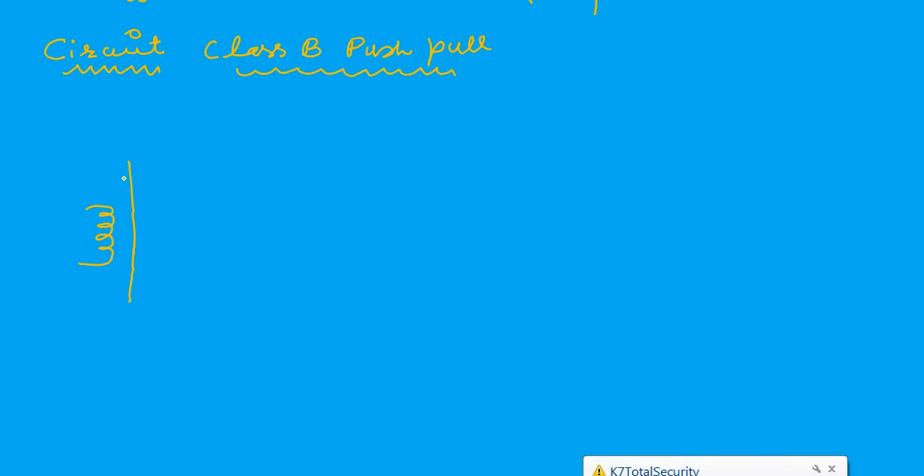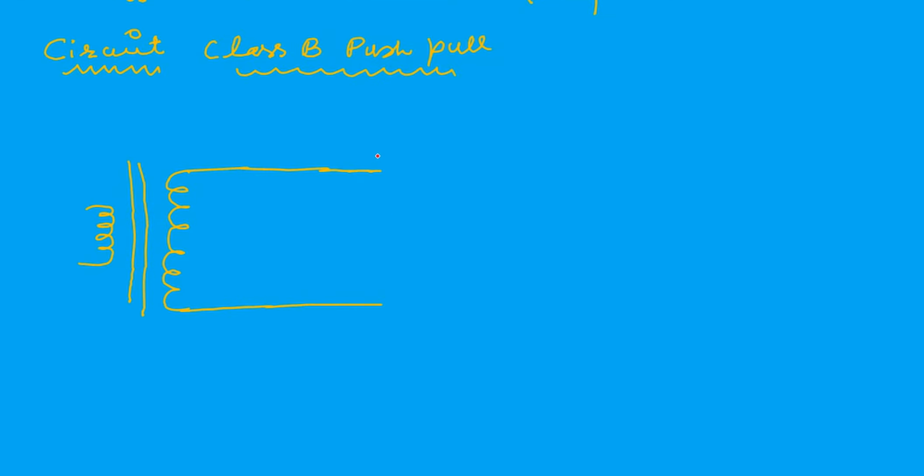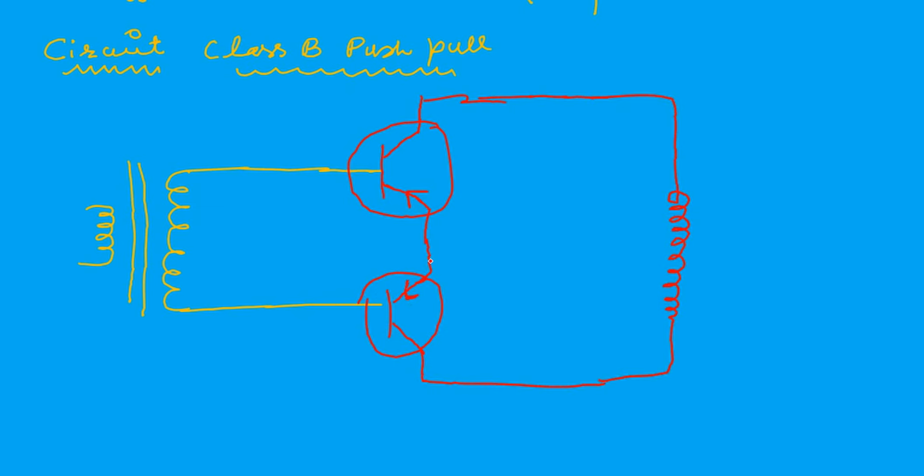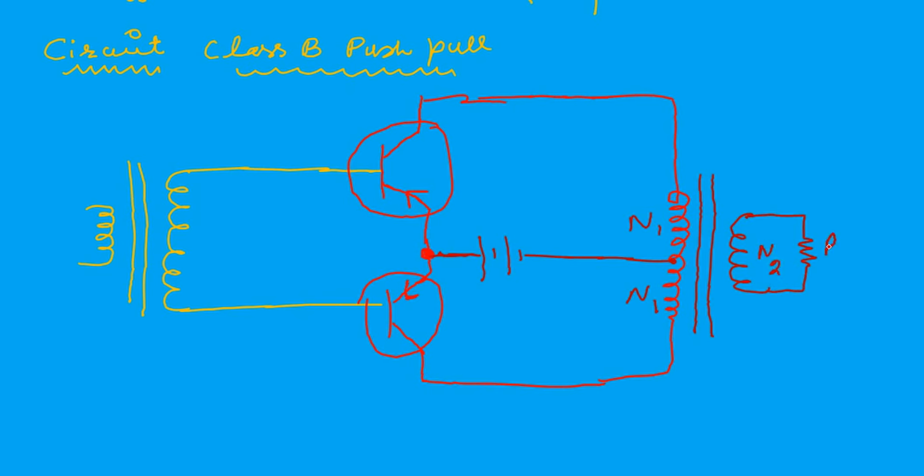Now, this is the circuit diagram for the class B amplifier. Here we are using the PNP transistor.